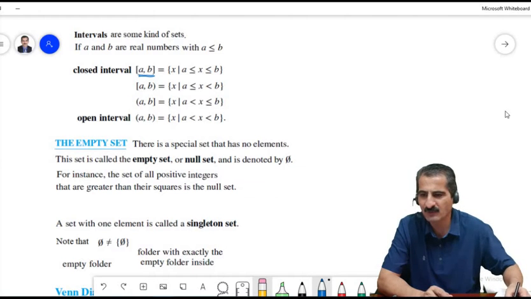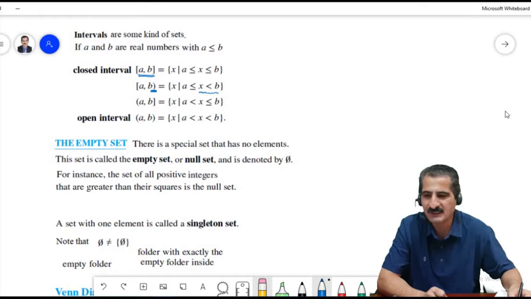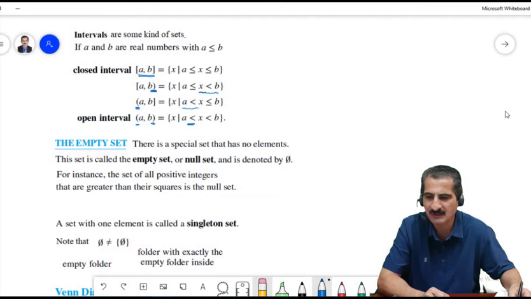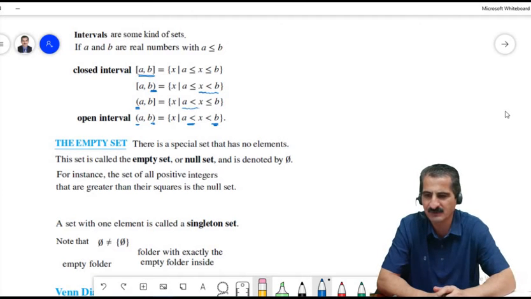The open interval here means we will not take b: x is less than b, but x is greater than or equal to a. And it is open from here, so we will not allow x to equal a. And when it is open from both sides, we take all real numbers between a and b without taking a and b. So we will not have equalities here.